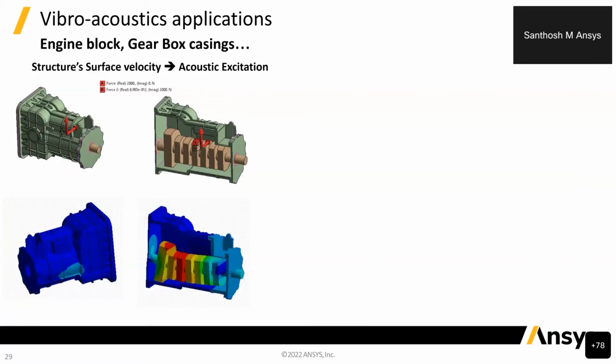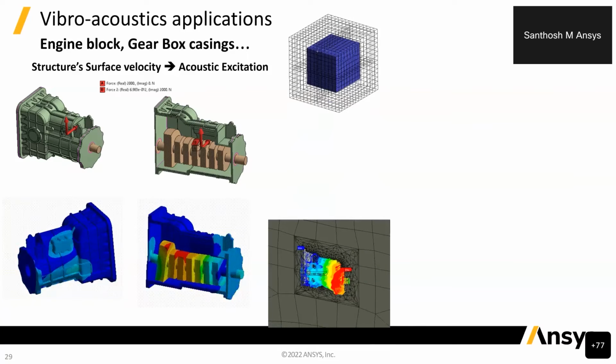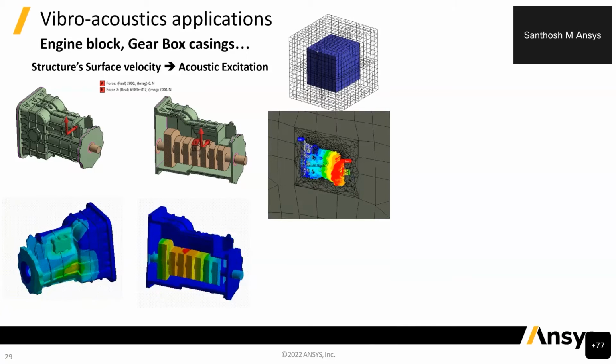If you have any machinery, in this case, assume an engine casing. There is a crankshaft which is rotating because of the unbalance or whatever reasons. There is a vibration through the bearings. The vibration in the crankshaft gets transmitted to the casing. Then the casing wall is vibrating with a velocity. This velocity is going to excite the air around it, similar to a sphere.